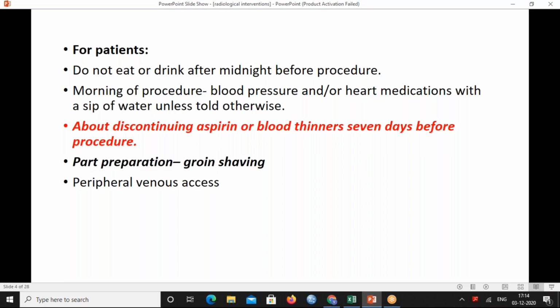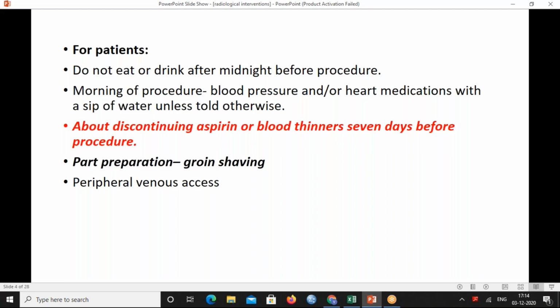About discontinuing aspirin or blood thinner 7 days before the procedure, most of the time this is taken as a universal statement, but this is again not universal. For procedures like angioplasty, stent-assisted coiling, a flow diverter, or any procedure where a bare metal stent is placed, aspirin or dual antiplatelet therapy is prescribed and given 5 or 7 days before the procedure.